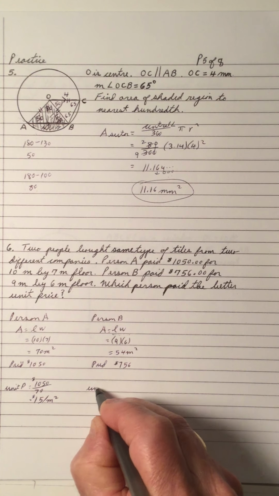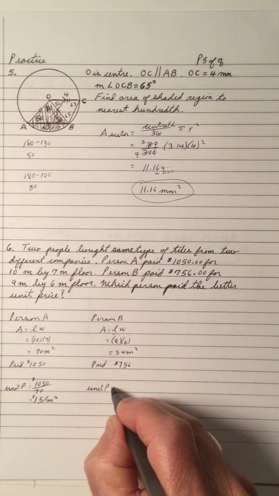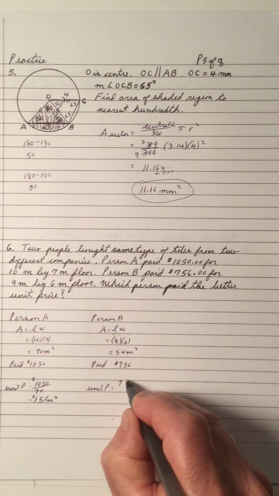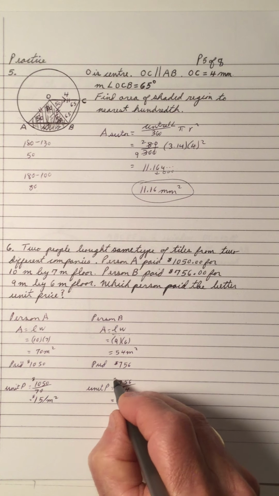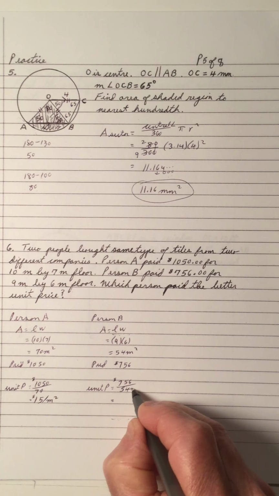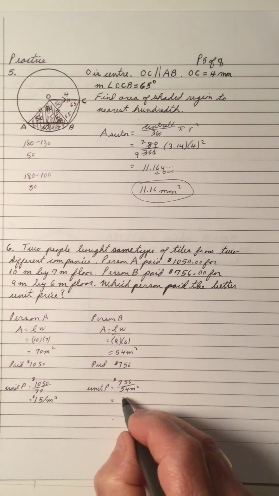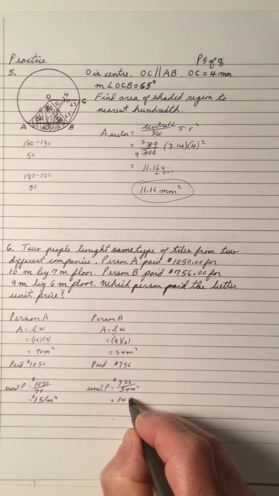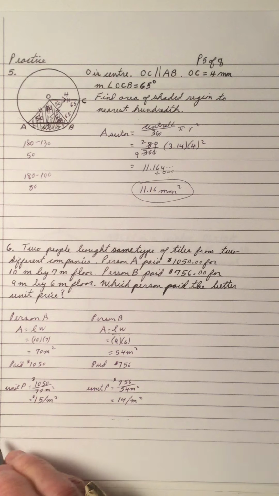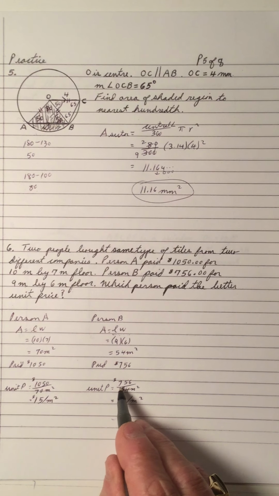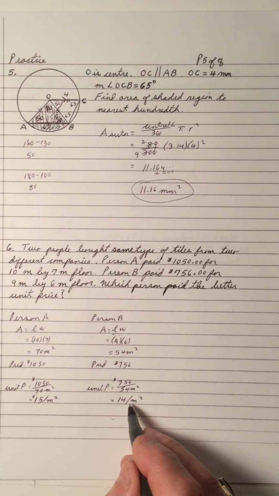So the unit price per square meter is 756 divided by 54. When you divide that, you get $14 per square meter. So 756 divided by 54 is 14.